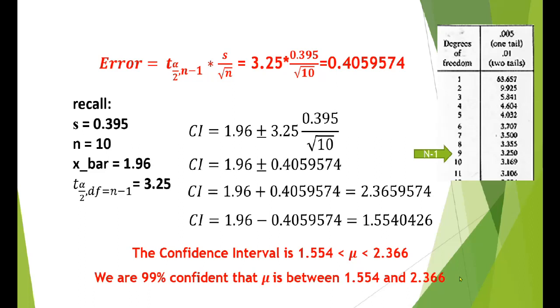So we are 99% confident that the population mean, mu, is between those two values. So it's very similar to the calculation that we did for sigma known. The only difference is you're using a t table instead of a z table.